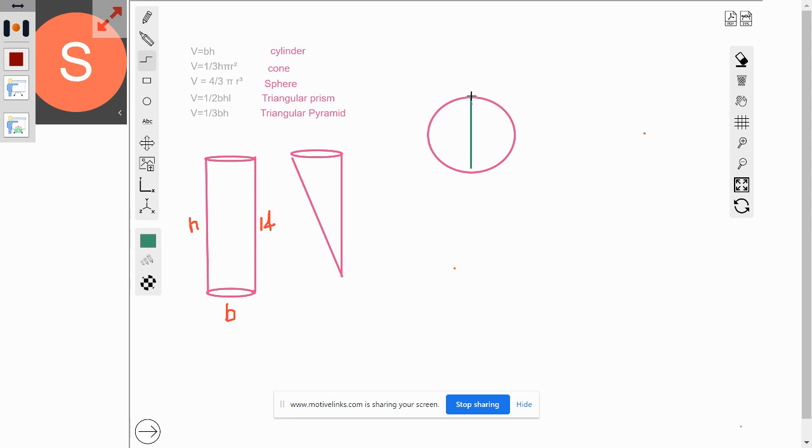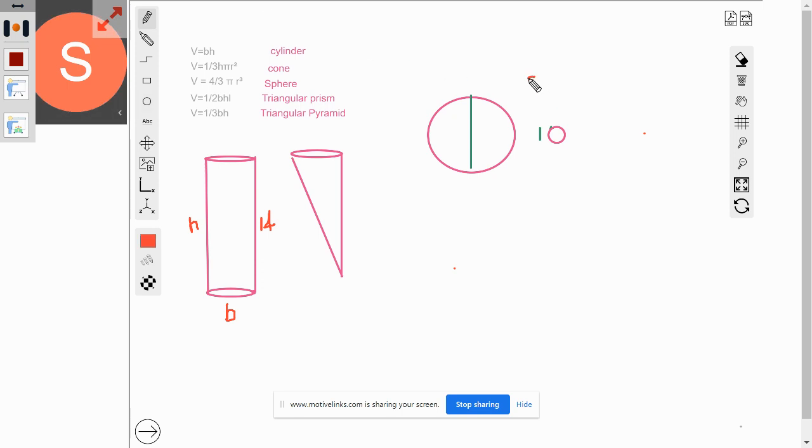Now right here we have the diameter, and so we're gonna take the radius. Let's use 10 as the diameter. So let's say the diameter is 10. Now let's divide it in half. That would be 5.